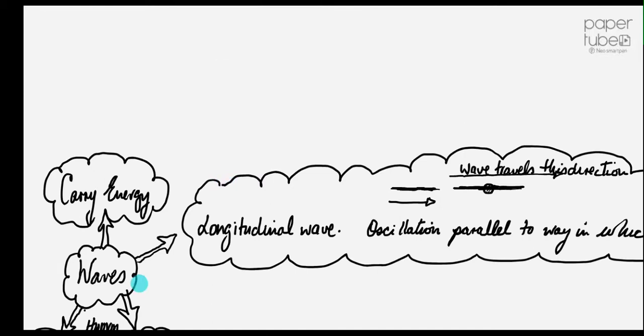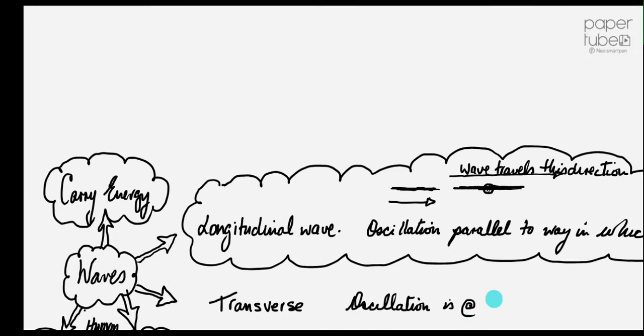So the other one is a transverse wave. And the transverse wave is a wave that oscillates at right angles. So transverse oscillation is at right angles, perpendicular to the direction of travel.